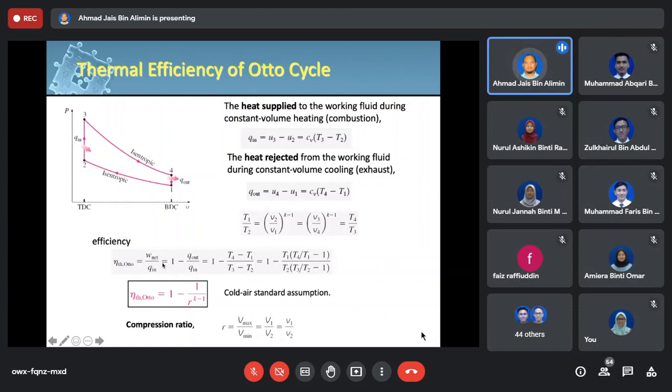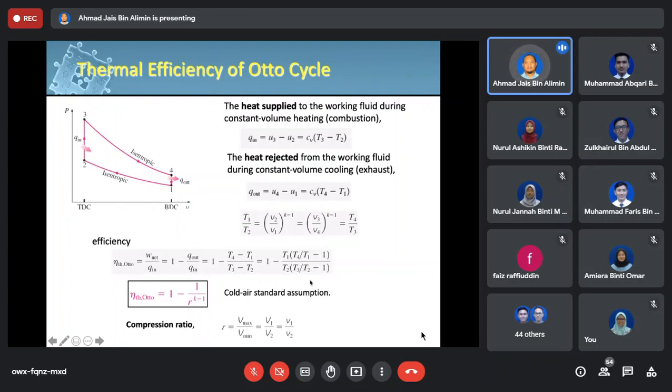and then we expand into Q out and Q in. From the Q out, we then refer back to the CV delta T, and then we expand again. So at the end, we have the efficiency, which is defined based on the temperature parameters.